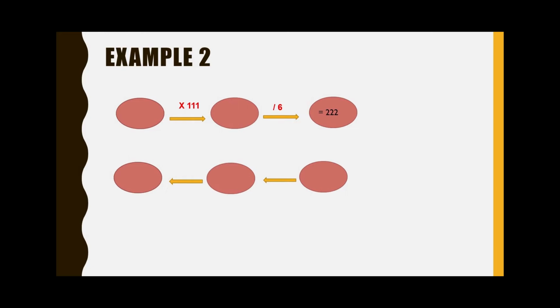Let's see the answer. 222 divided by 6, we change to multiply by 6. 222 multiplied by 6 is equal to 1332.